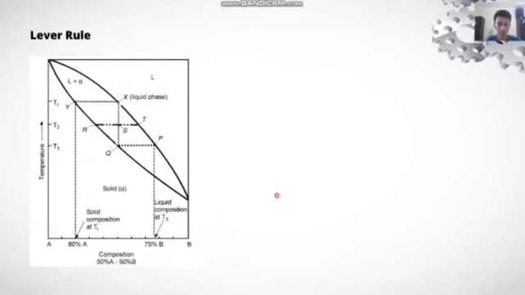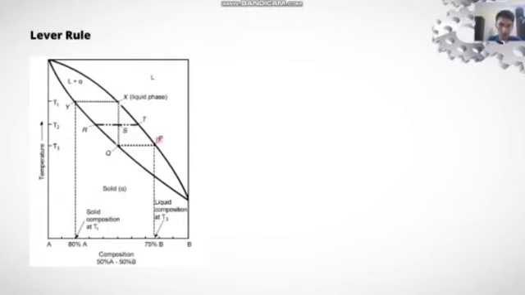Lever rule. It is the liquid phase X, and this point T, this point Y. Equilibrium phase diagrams provide a useful tool in understanding the chemical concentration of components in a given phase.